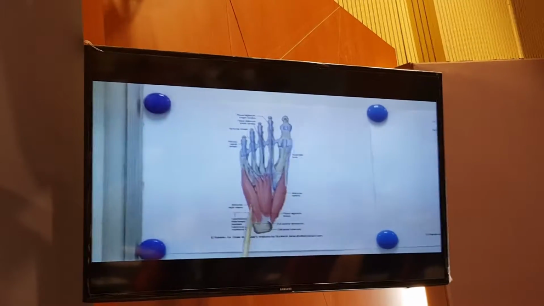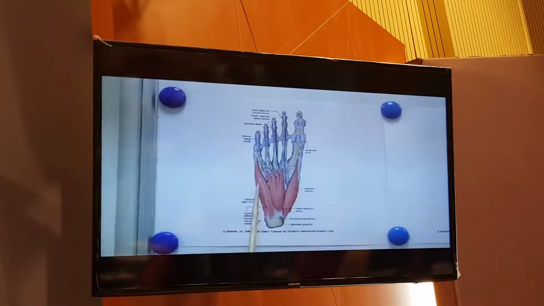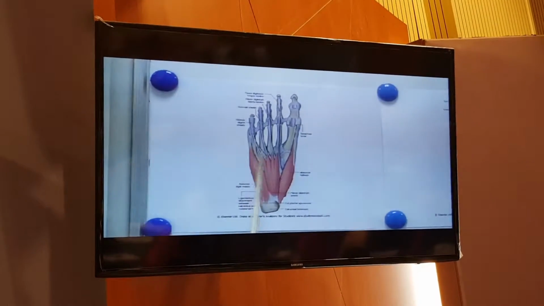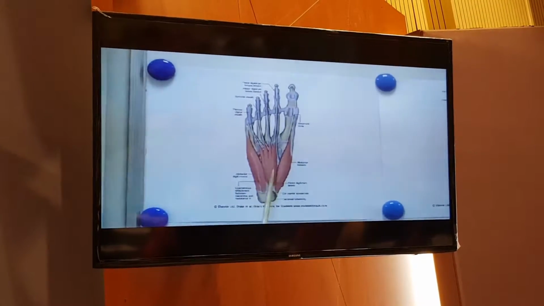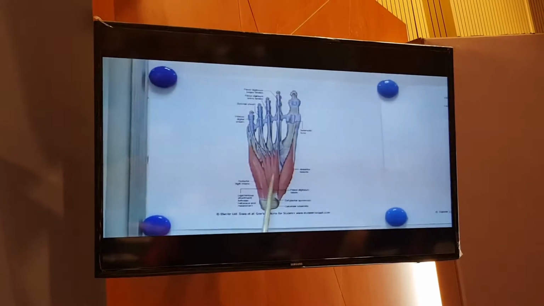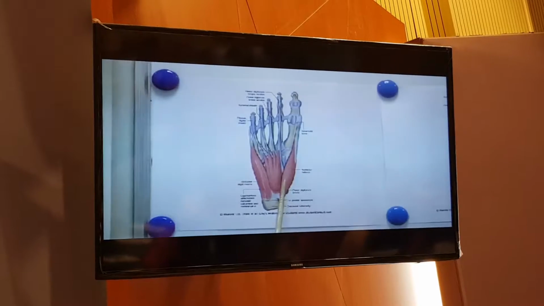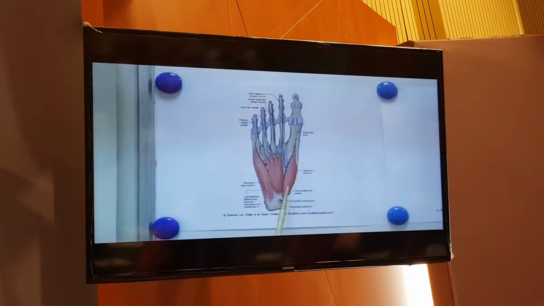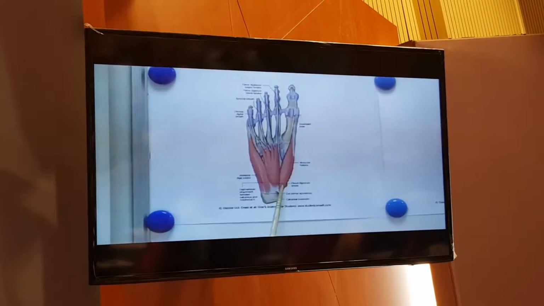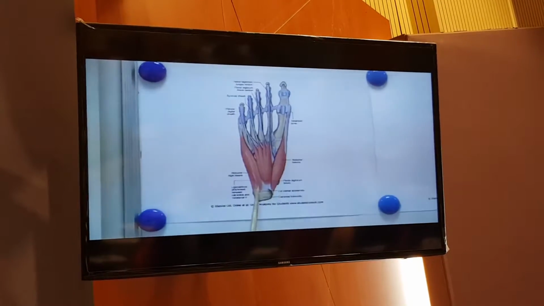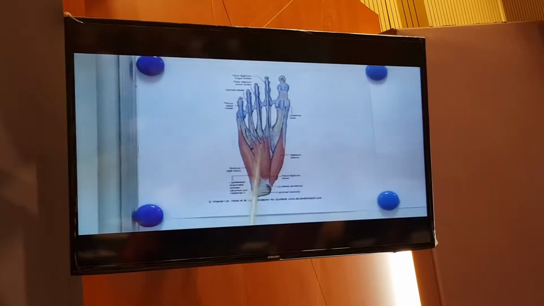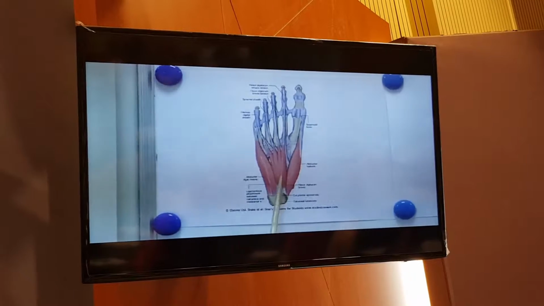This is abductor digiti minimi muscle. And in between these two is flexor digitorum brevis muscle. So in this first layer of muscles, we have abductor hallucis, abductor digiti minimi, and flexor digitorum brevis.